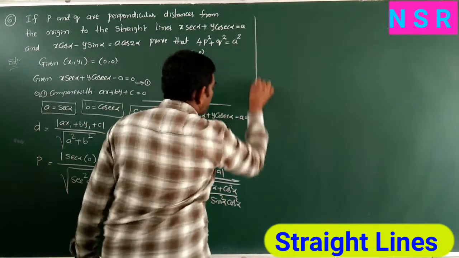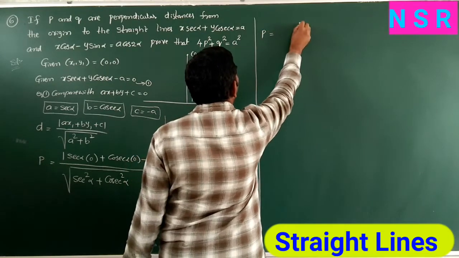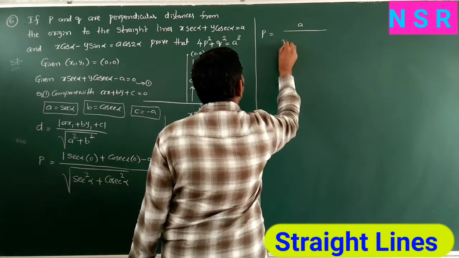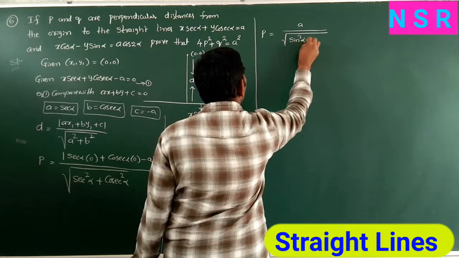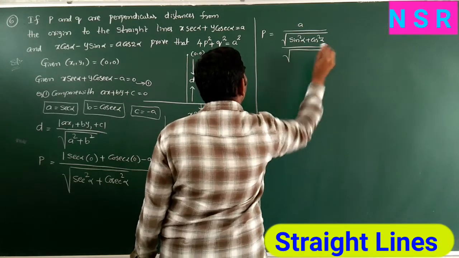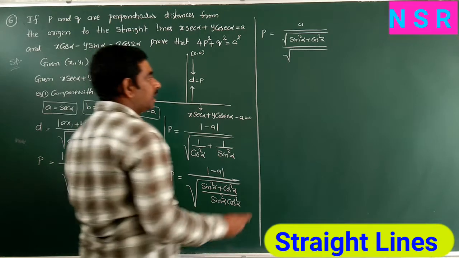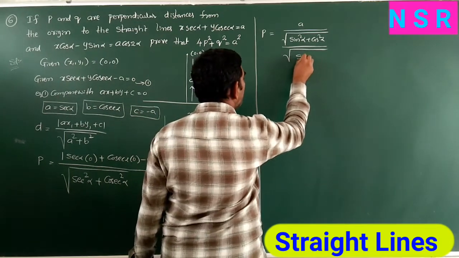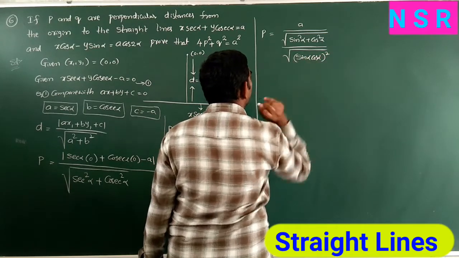We get p equal to mod of minus a, which is plus a, by square root of sin square alpha plus cos square alpha, by square root of sin square alpha into cos square alpha, which we can write as sin alpha into cos alpha whole square. So both have square.